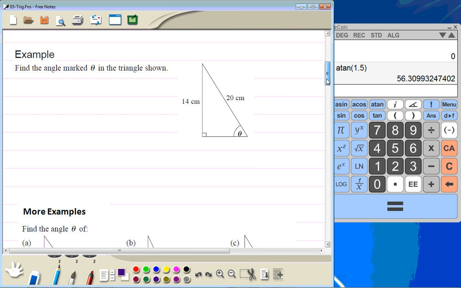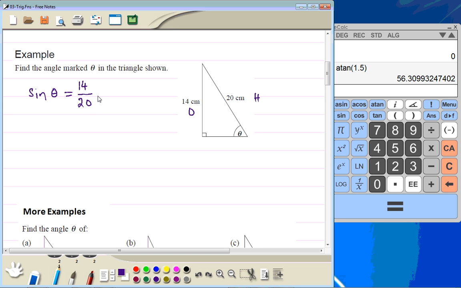Now we do this example. So we label the sides. This is the longest side, so that's the hypotenuse. And this is the opposite to the angle, so it's opposite. And the ratio involving opposite and hypotenuse is sine. So in this one we have sine theta equal to opposite, which is 14, divided by the hypotenuse, which is 20.